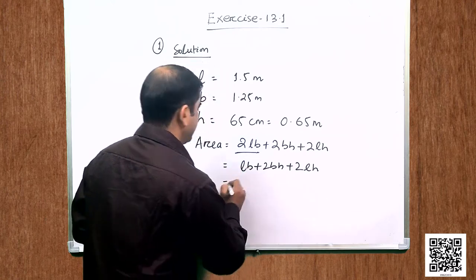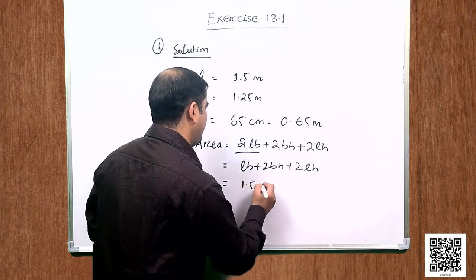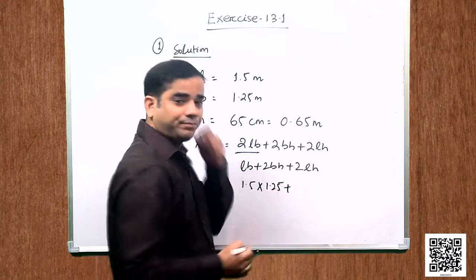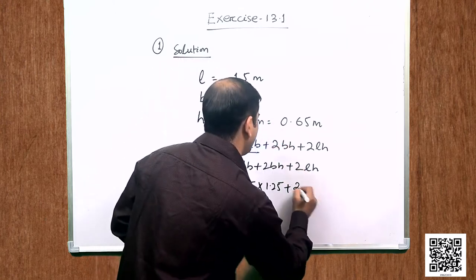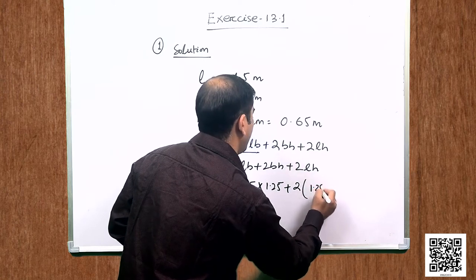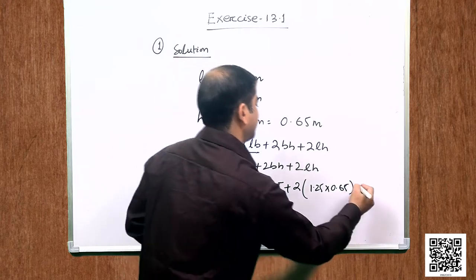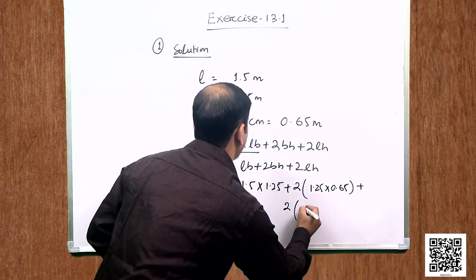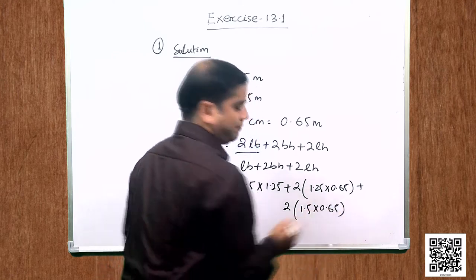So, area now is equal to length into breadth, that means 1.5 into 1.25 plus 2 into breadth into height, that is 2 into 1.25 into 0.65 plus 2 into LH, that is 2 into 1.5 into 0.65.